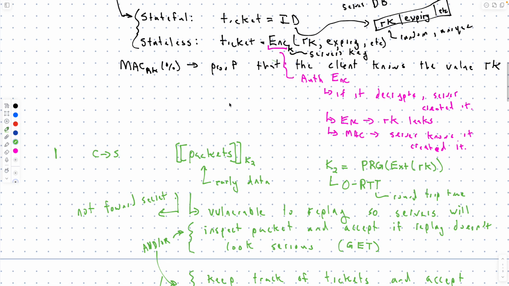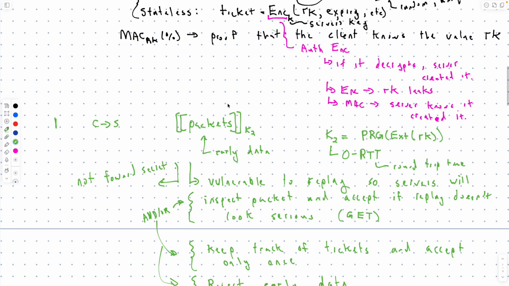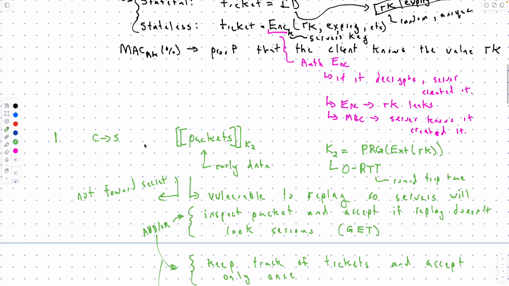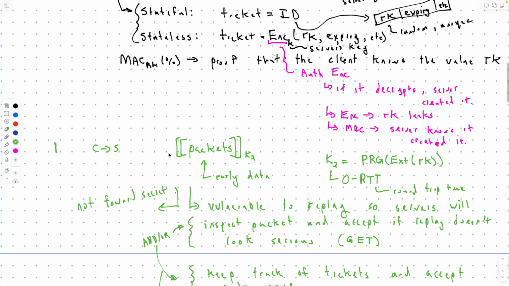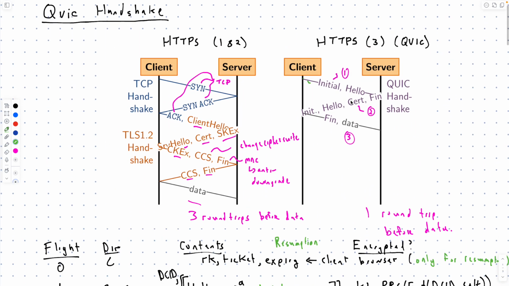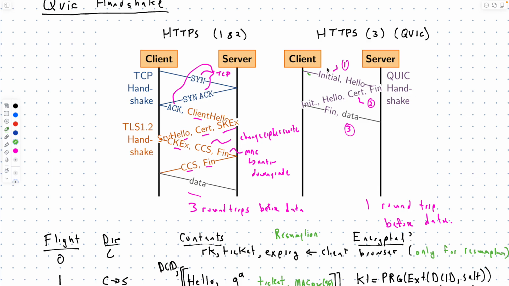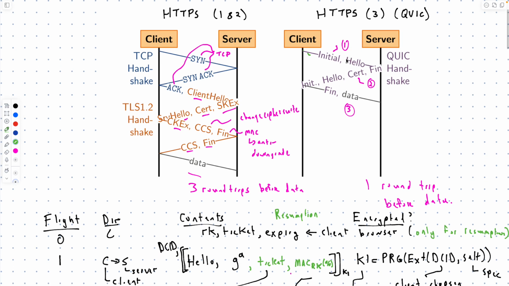But one question, you don't need forward secrecy at flight 0 and 1. Okay, we have written that it's not forward secret, but we don't even have to consider it. But in the example of Wikipedia, if I send my requests for the website as early data and my key gets compromised in the future, you as an adversary are able to learn it because there was no forward secrecy.